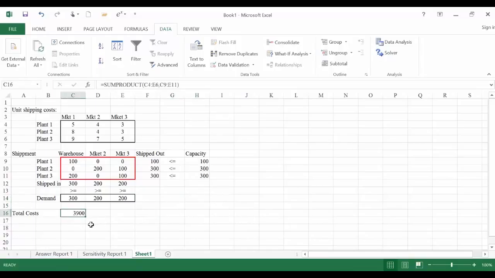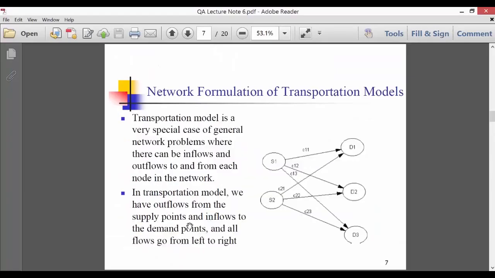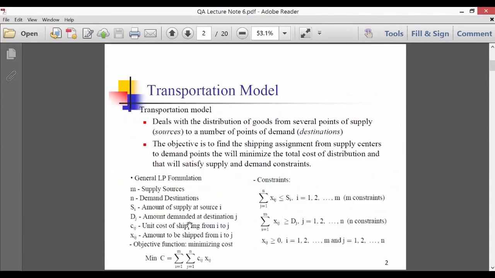So we are minimizing the total shipping cost, like a standard LP model. It should equal the summation of c sub ij times x sub ij, where x sub ij is the amount to be shipped from plant i to warehouse j, plus another double summation of c sub jm multiplied by x sub jm, which stands for shipping from warehouse j to market m.